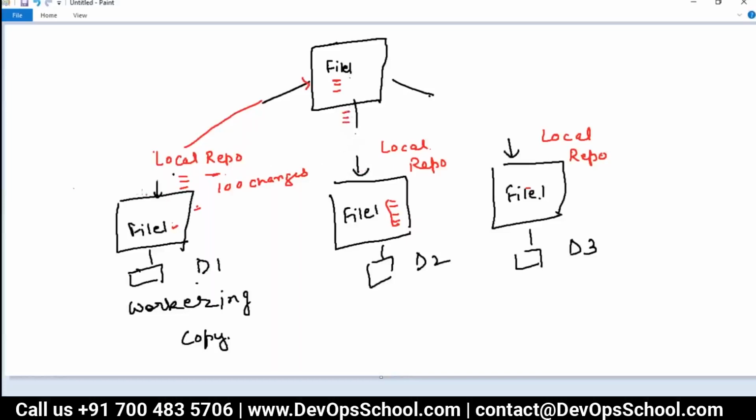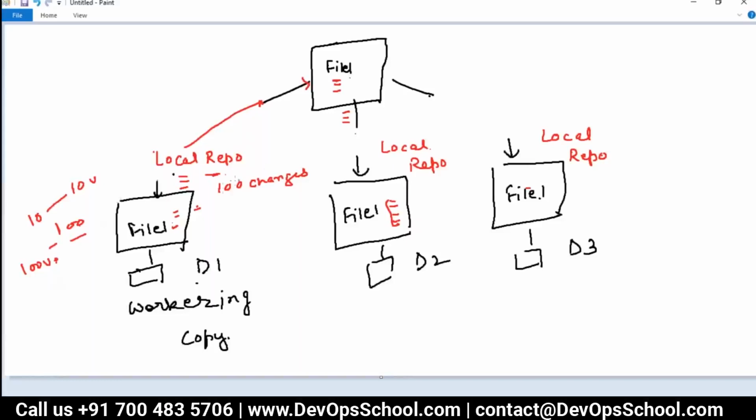So the benefit is this: say developer one wants to do 100 commits. Earlier, because of the network issue, he was doing 10 commits, maintaining 10 versions. Now he's maintaining 100 versions, doing 100 commits.